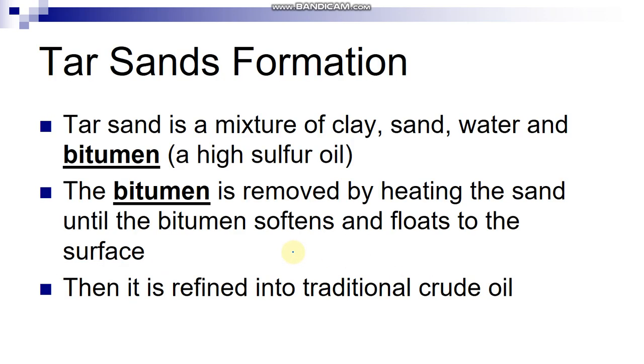Now, tar sands are pretty much the same idea of extraction. Instead of kerogen, now the hydrocarbon in tar sands is bitumen. It's just a little bit different. I looked up the difference, and basically the major difference between bitumen and kerogen is the type of hydrocarbon, or the length of hydrocarbon, and this one might be a little bit higher in sulfur.